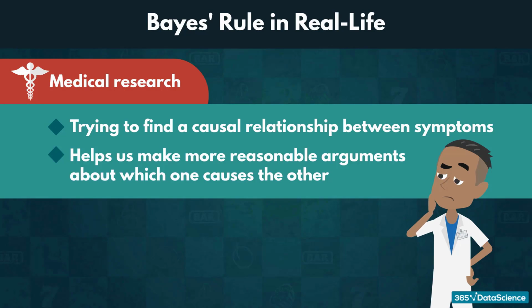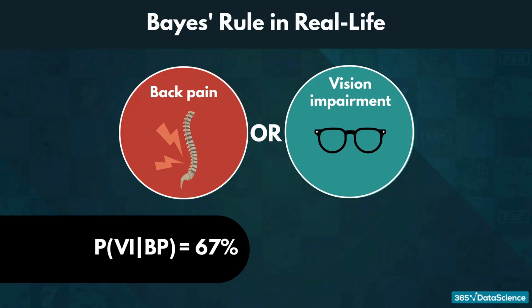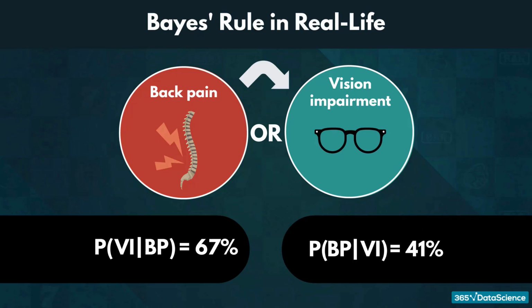For instance, there is certain correlation between patients with back problems and patients wearing glasses. More specifically, 67% of people with spinal problems wear glasses, while only 41% of patients with eyesight issues have back pains. These conditional probabilities suggest that it is much more likely for someone with back problems to wear glasses than the other way around.